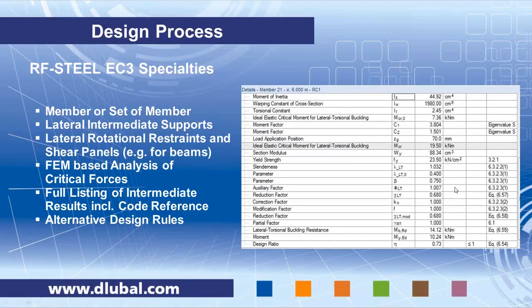You can also make hand calculations and compare what the code gives as result and what the software gives as a result. Therefore, you can raise the trust in your software and you can prove to all the other engineers that look at this design that your calculations are correct.